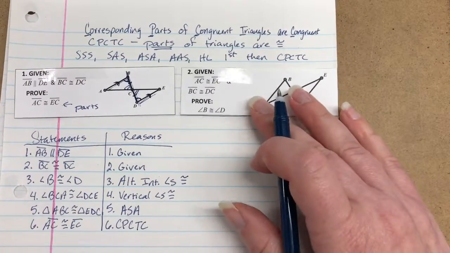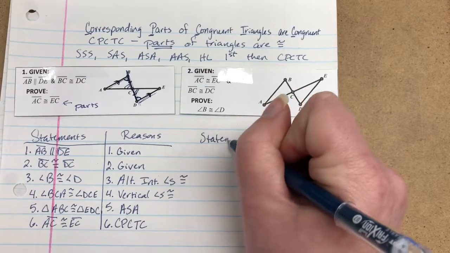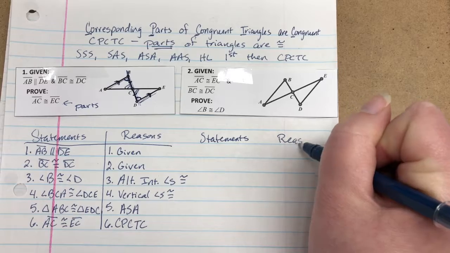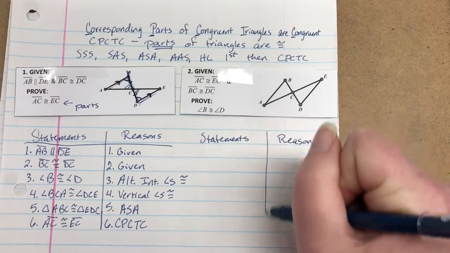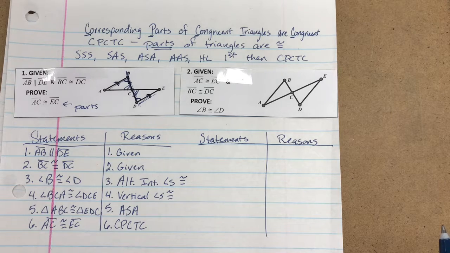So let's try another one. Statements and reasons. So this time they told us segment AC is congruent to segment EC and segment BC is congruent to segment DC.